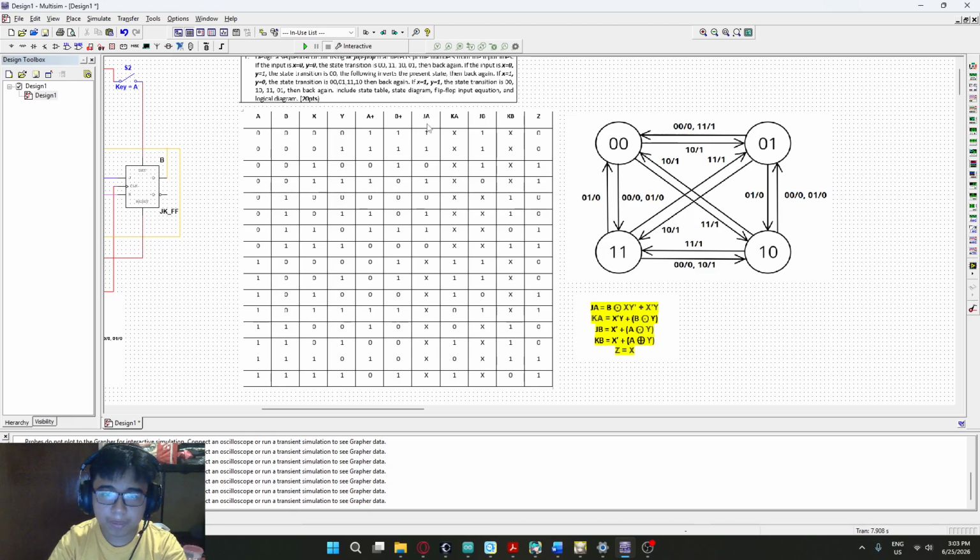while flip-flop inputs JA, KA, JB, and KB were simply based on the excitation table for JK flip-flops based on current states A, next state A, current state B, and next state B, respectively.